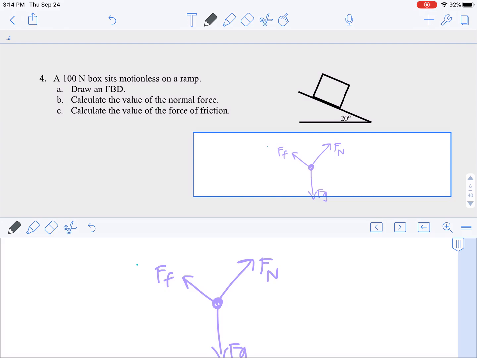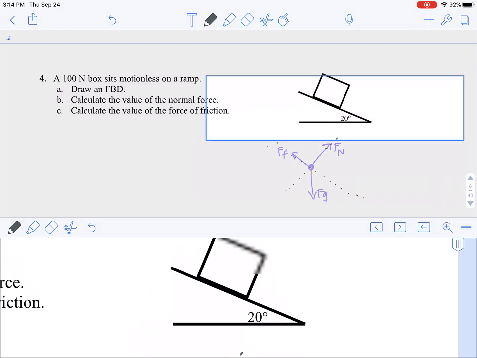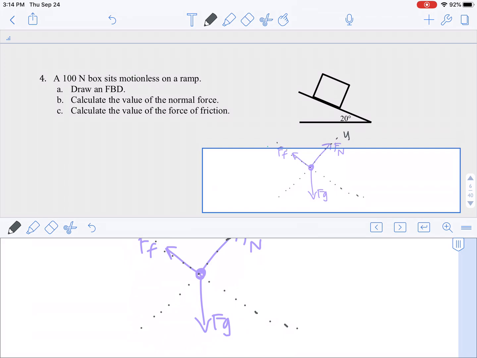Okay, now this one is probably the most difficult in drawing your components in, because we have different axes. So that's what I do first, is I'm going to draw in my dotted line for my y-axis and my x-axis. Because again, this is going to help me draw in my components.